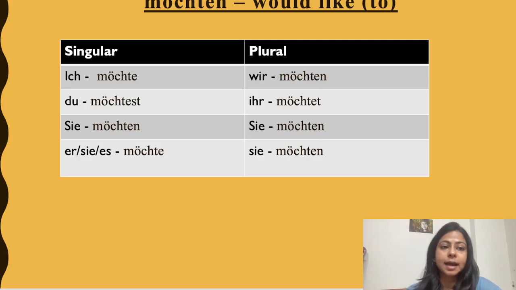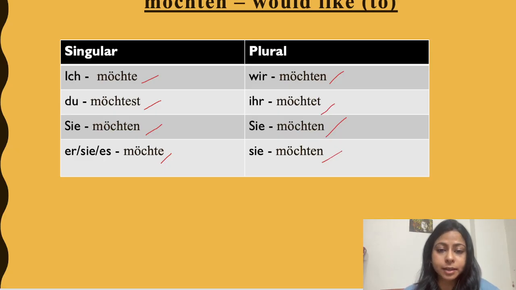Now let's see how möchten is conjugated, because conjugation is one of the most important things in German. We conjugate verbs. So let's see how möchten is conjugated. Ich möchte, du möchtest, er, sie, es möchte, wir möchten, ihr möchtet, sie möchten und Sie möchten.